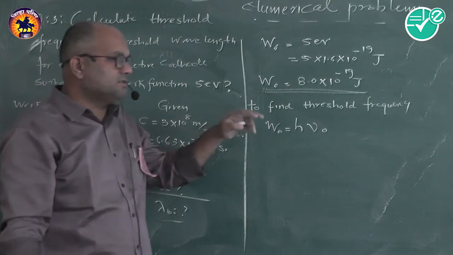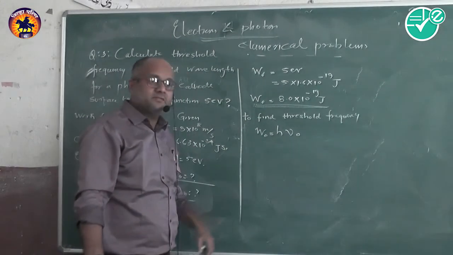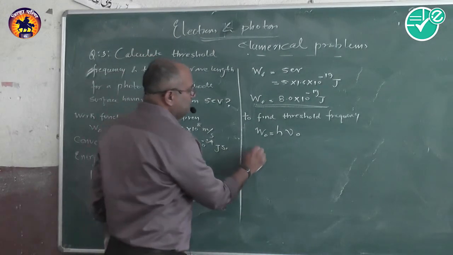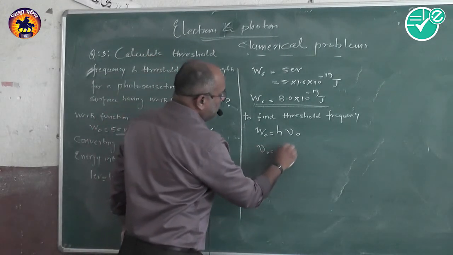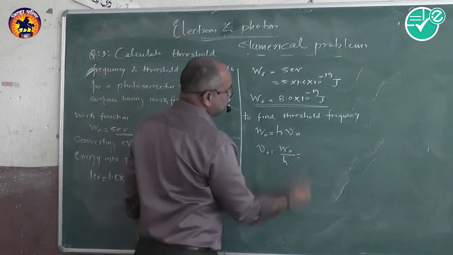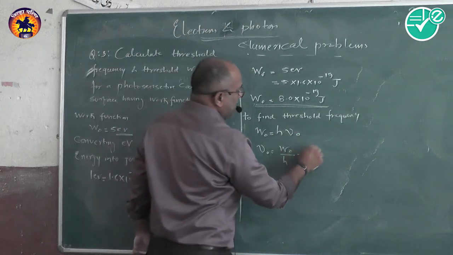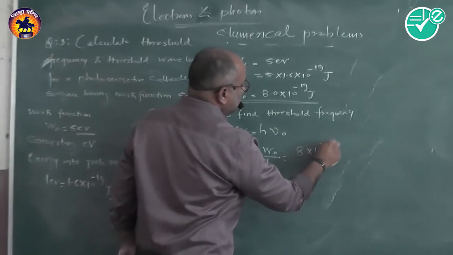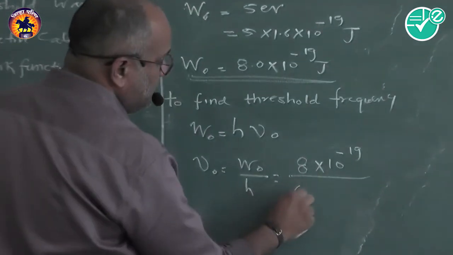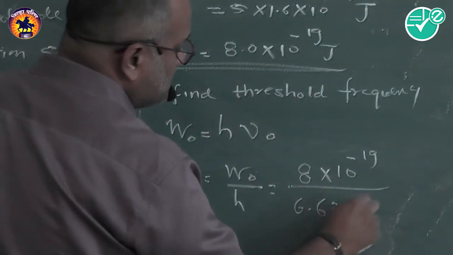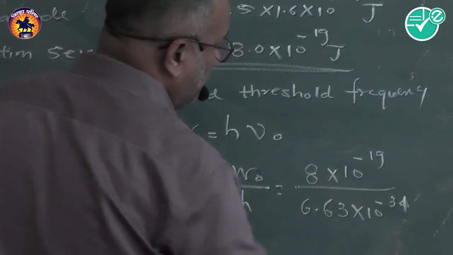If you put the values first and then simplify, that becomes cumbersome. So nu 0 is equal to W0 upon H. What is W0? 8 into 10 raised to minus 19 upon what is the value of h? 6.63 into 10 raised to minus 34.